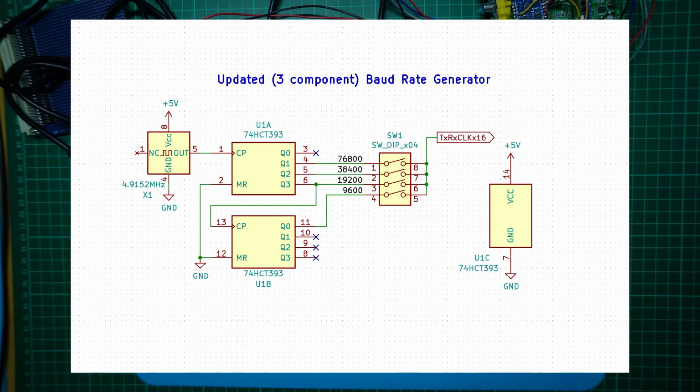But before I dive into manufacturing a PCB containing the circuit, I thought I'd do the right thing and first verify the circuit on a breadboard. All we need is the crystal oscillator and a 74HCT393 chip, and then we'll check the outputs we want to use with our oscilloscope.